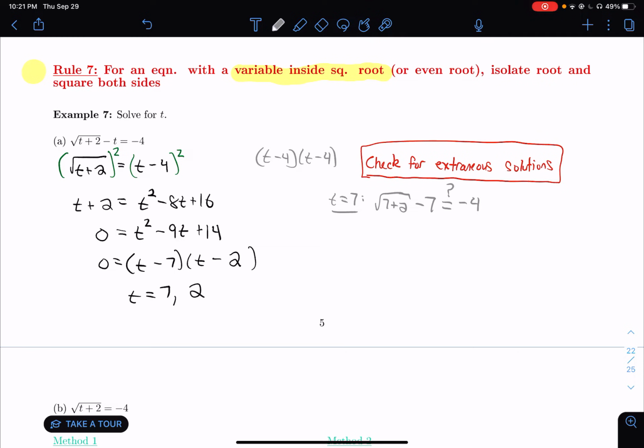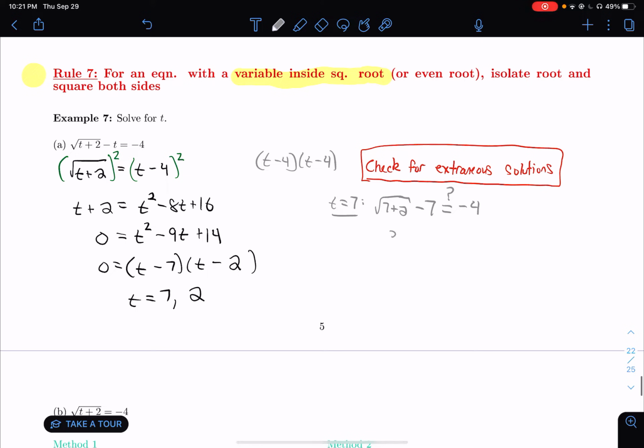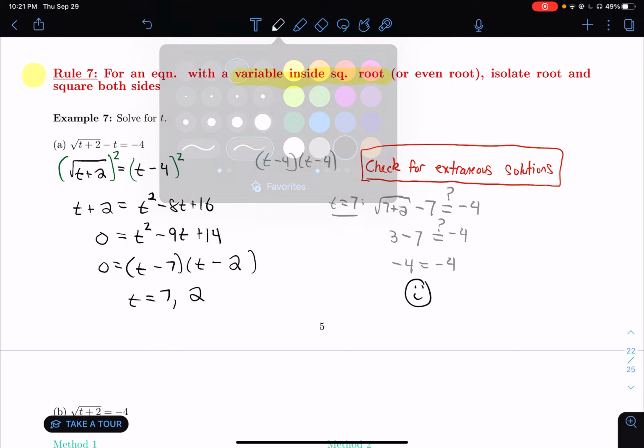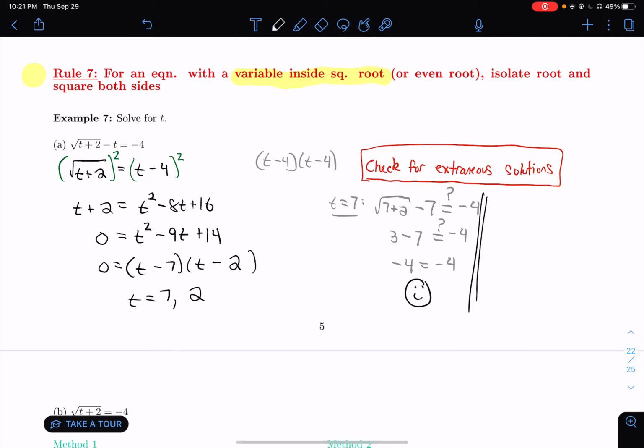So I've got the square root of 9, which is 3. 3 minus 7, question mark, equals -4. But now I can see the left-hand side is -4. The right is also -4. So this works. I'll put a smiley face here. That one worked.